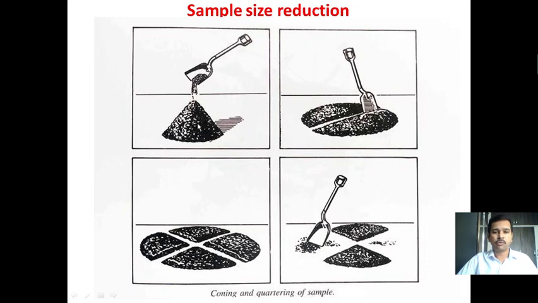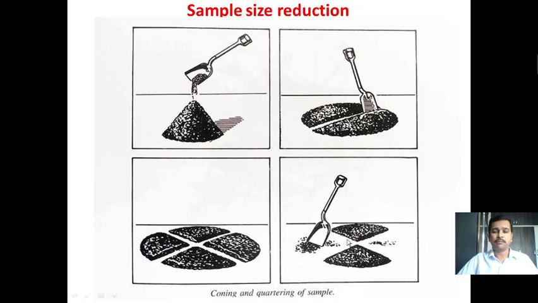So you take it, cone it, flatten it, cut that into 2 equal halves, quarter it, discard 2 opposite quarters, and the remaining 2 opposite quarters are again subjected to coning, flattening, and quartering. This process will continue until a laboratory or representative sample is obtained. We know the amount of the representative sample or laboratory sample.